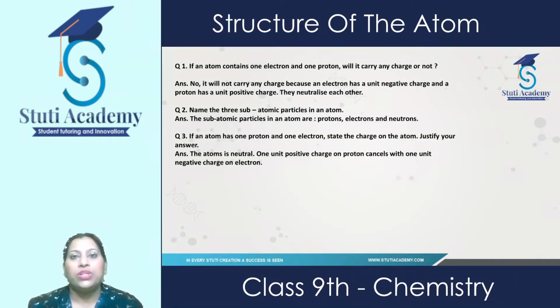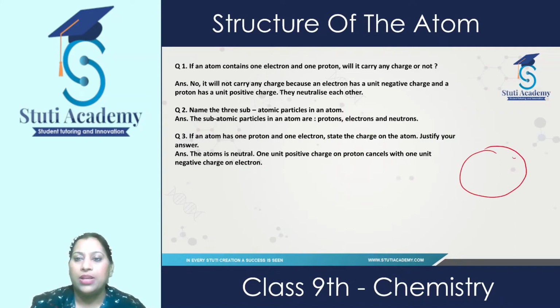Now what type of questions can come from this topic? Question number 1 is, if an atom contains 1 electron and 1 proton, will it carry any charge or not? As I told you, in an atom, electrons are present outside the nucleus, and inside it, protons and neutrons are present.